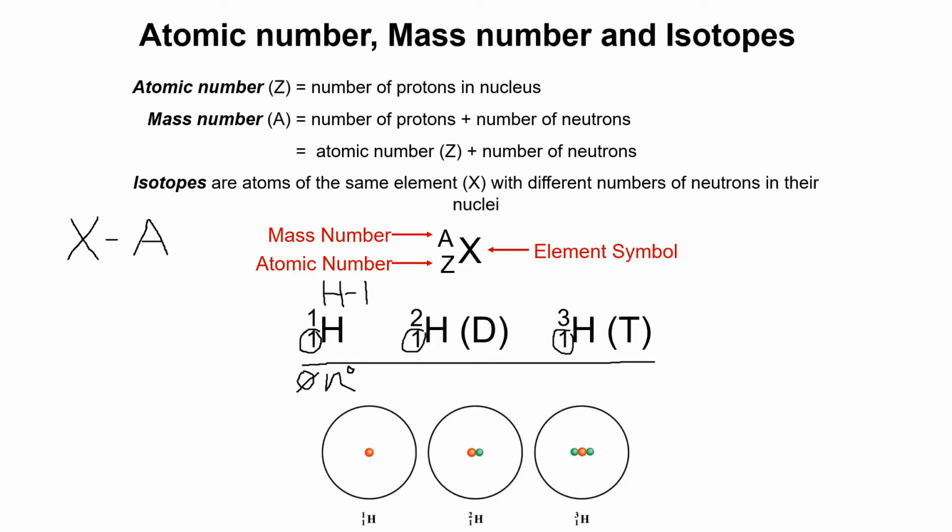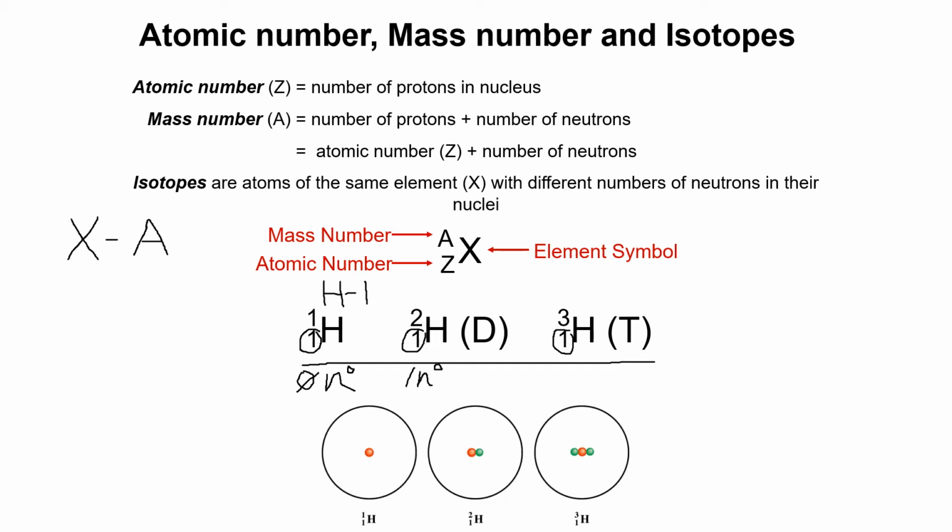Deuterium, on the other hand, is also a stable isotope. It's naturally occurring, and it's abundantly found in oceans. It has 1 neutron. Mass number minus the atomic number gives us the number of neutrons. And for tritium, which is a radioactive isotope of hydrogen, it has a half-life of 12 years, so it doesn't decay very rapidly.